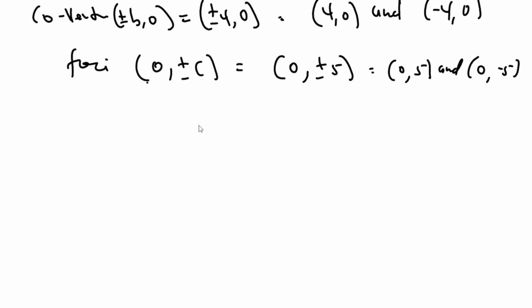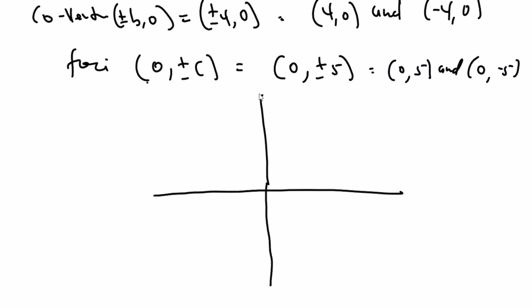So let's see how it is going to be. Y-axis, x-axis. Okay, 0. Now, the foci are 0, negative 5 and 0, 5.